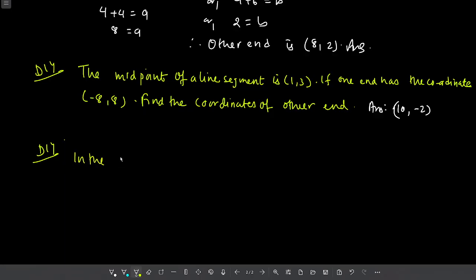In the figure alongside, AB is diameter, and C is the center.